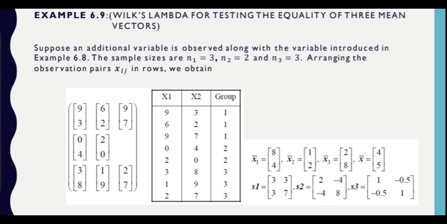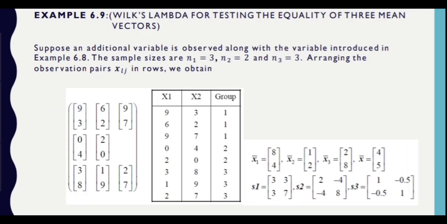So we can transfer it into matrix form. Okay, so this 9, 3 is a vector of x.